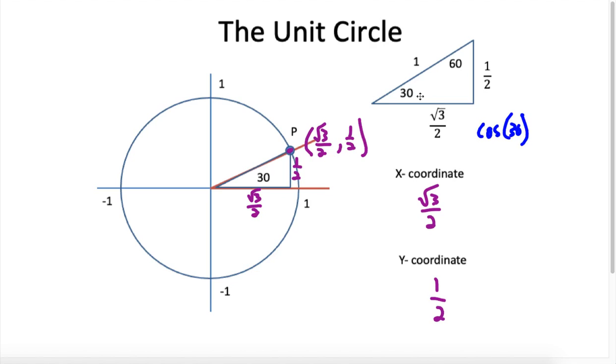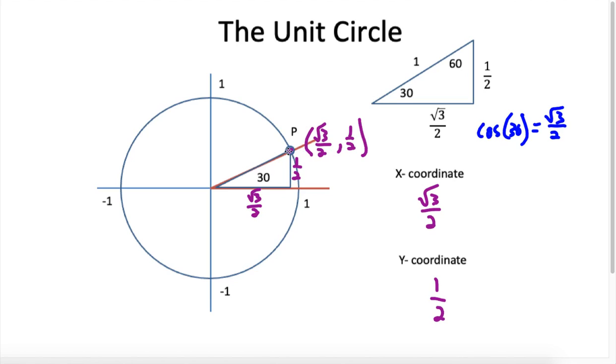Cosine of 30 degrees we know is the adjacent side over the hypotenuse. So that would be the square root of 3 over 2 over 1, so it would just be the square root of 3 over 2.